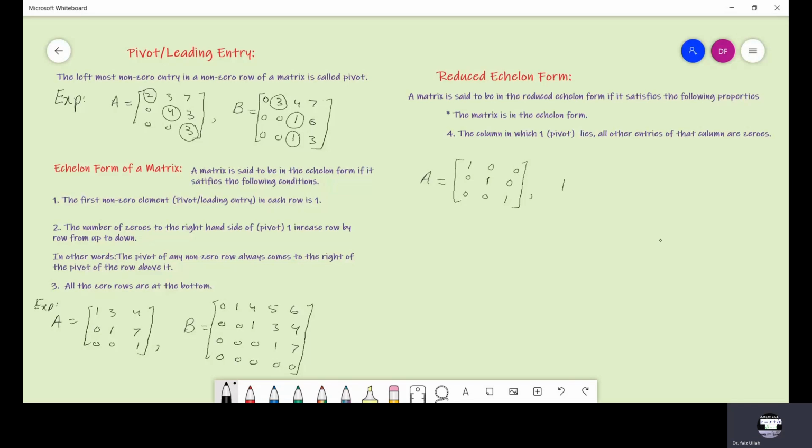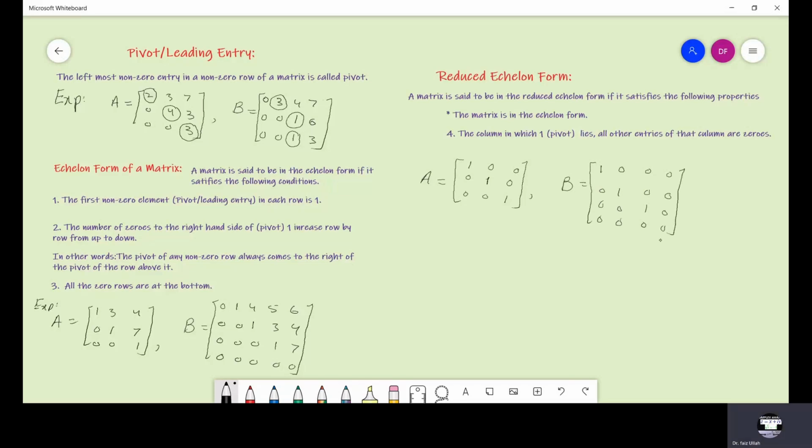Let us see another example B. In this example, we have 1, 0, 0, 0, 0, 1, 0, 0, 0, 0, 1, 0, 0, 0, 0, 0.